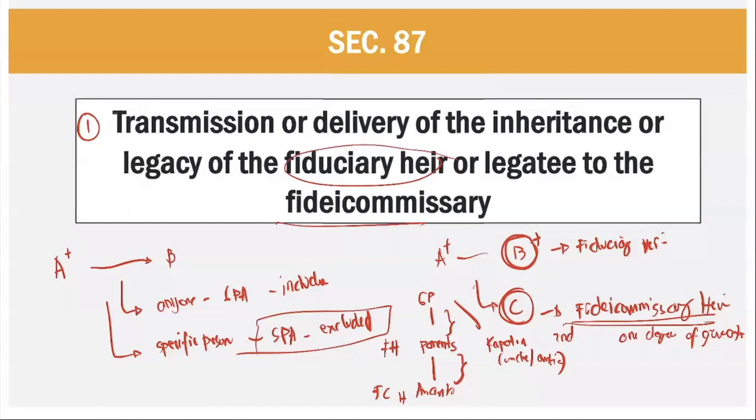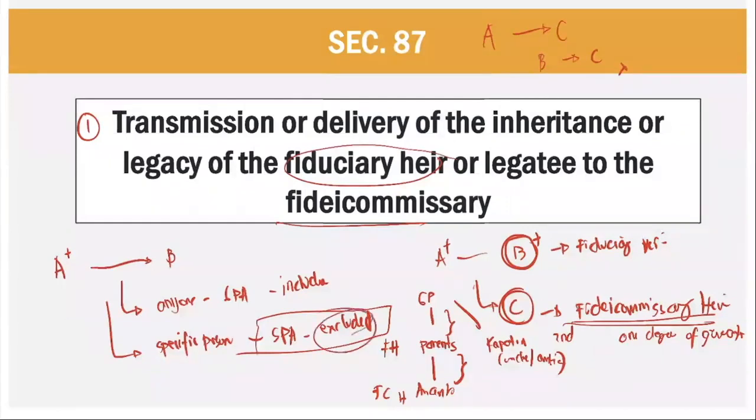So si B, ang tanong, pag namatay siya, isasama niya ba yung property na matatransfer kay C? No. Kasi hindi niya naman talaga sa kanya yan. Yan ay kay C. So dapat ang may estate tax dyan is A to C. Yung B to C, hindi na. It is only A to C.